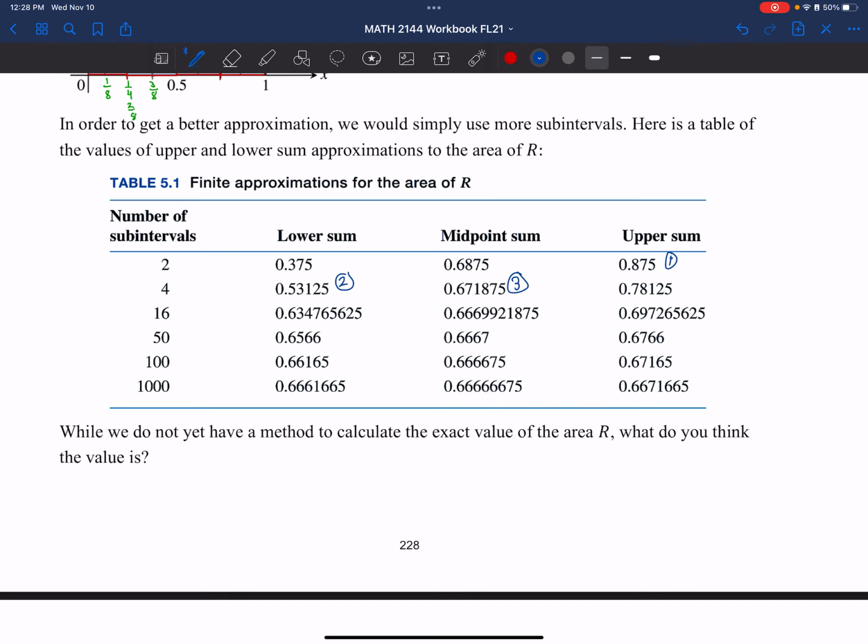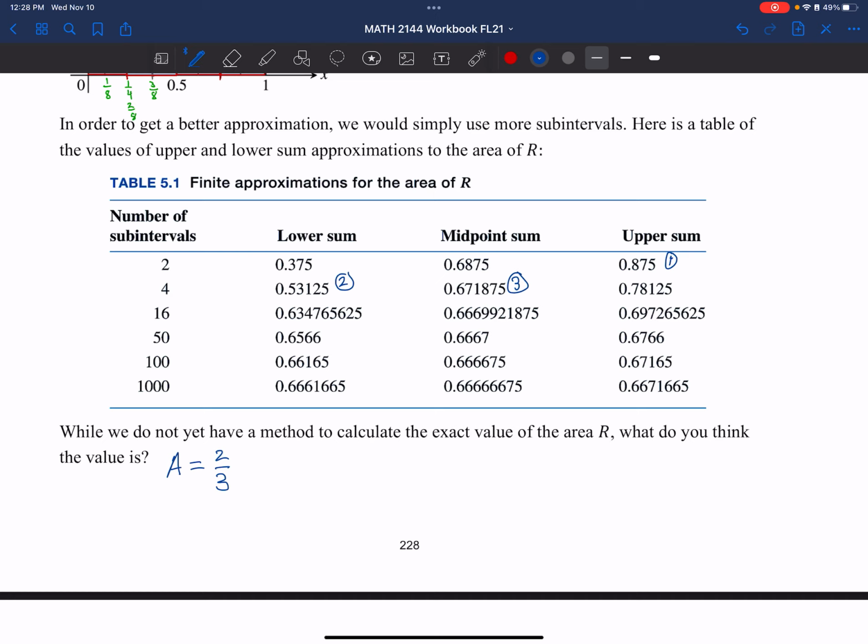The area here, if we were to continue this process, is going to be exactly 2/3. Or it's going to get so close to 2/3, you might as well just call it 2/3. Because at some point, I'm not going to estimate to a 10 millionth place on my calculator. I'm going to just call it 2/3.